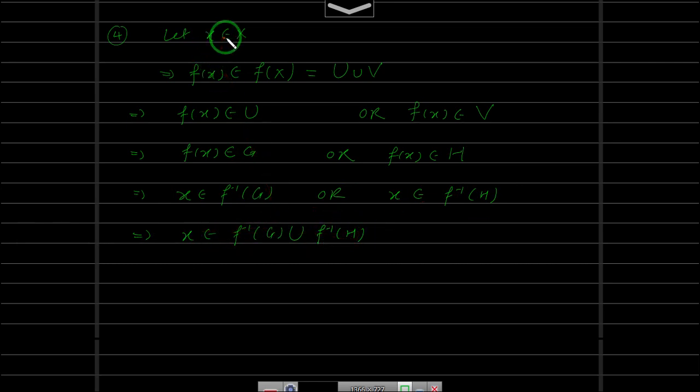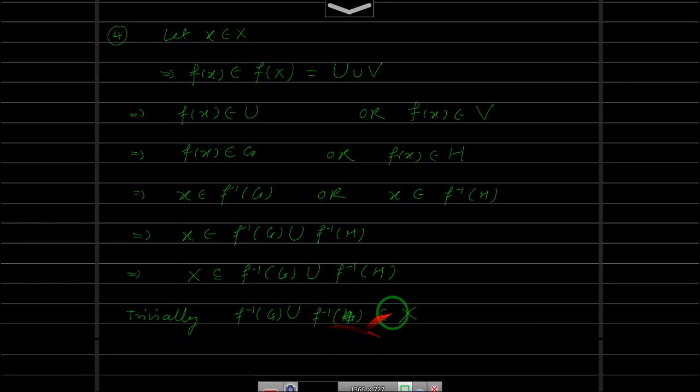What we have done? We have taken a point in X and we proved that that point x is in the union. This implies X is a subset of f inverse of G union f inverse of H. And trivially we know that f inverse of G union f inverse of H will be a subset of X, right?